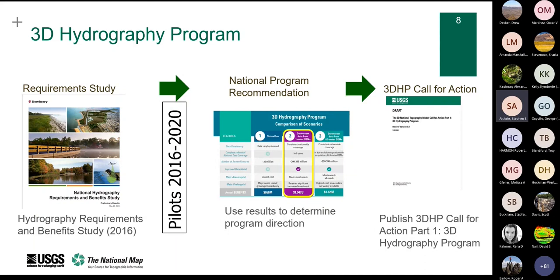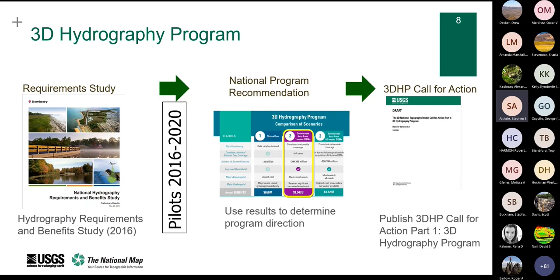We didn't have the capacity, the ability to inspect data rigorously that had been contracted. And so we needed to take a few years to do some pilot projects and develop a better understanding of some of the things that would be necessary to launch a national program. And so that went through 2016, 2020, give or take.